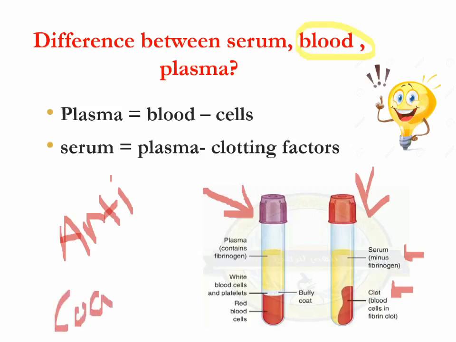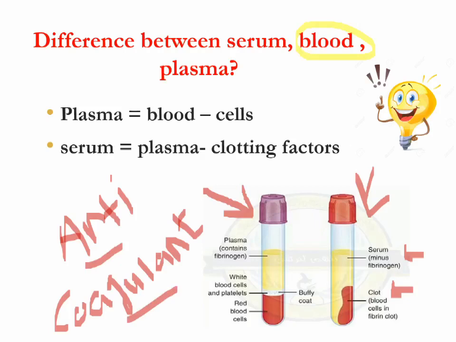In order to prevent the coagulation of the blood. You don't want the blood to clot. You don't want to use your clotting factors, right? So when you add anticoagulant, you prevent the formation of the blood clot.